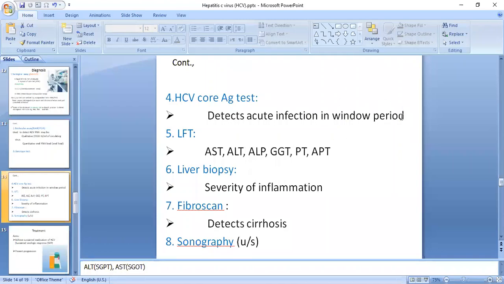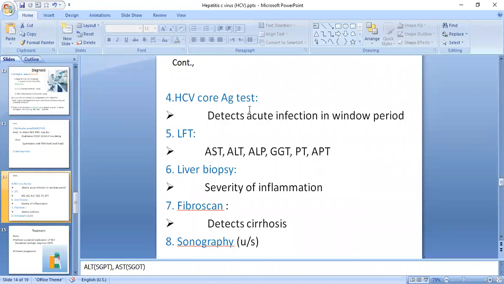So this is a window period, and the anti-HCV immunoglobulin M determines the acute infection. As you know, immunoglobulin M determines the acute infection, while immunoglobulin G determines the chronic infection.